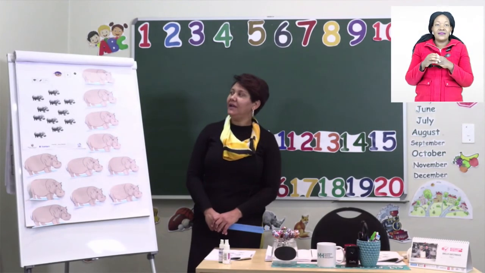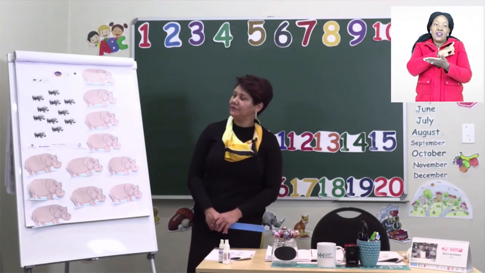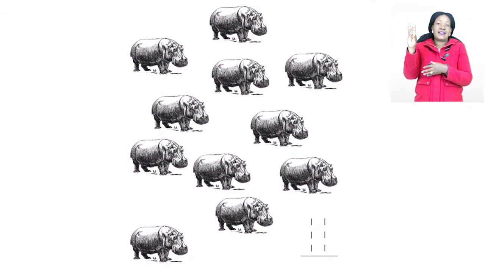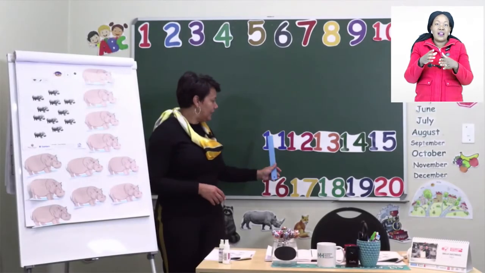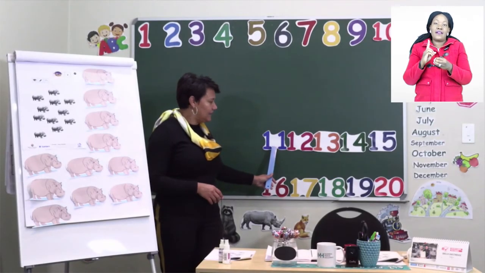Let's turn to page 6 in our workbook. Well, that's another wild animal that we have there, and it's called a hippopotamus. Now let's count the hippos on our page. But before we count, I would just like you to look at number 11 here quickly. This is number 11.